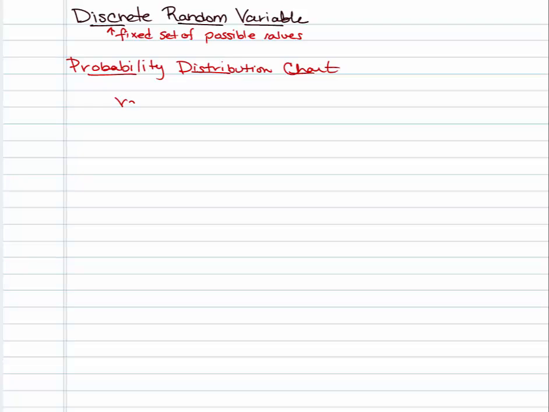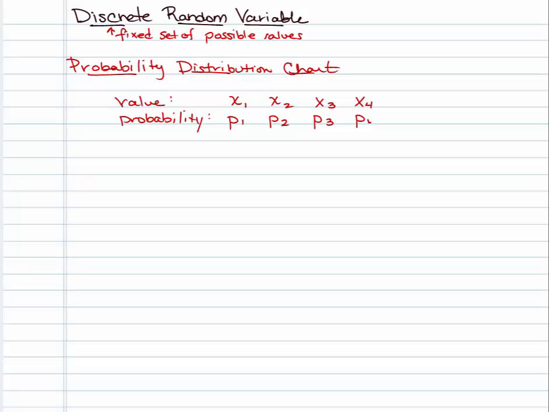We have a value that we're going to be putting to something, and then we have its probability. We're going to give the values numbers like for x, however many we need. Now keep in mind that we're going to have a fixed number of them. They're not going to go on forever. And then we're going to have the probability of each one below it.